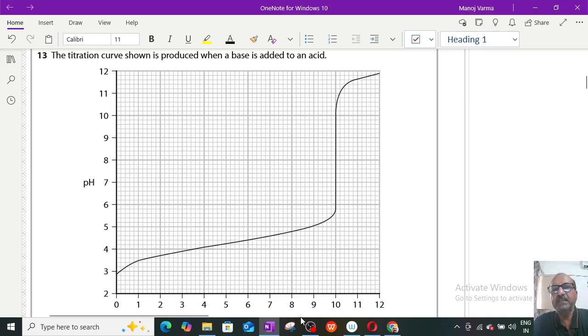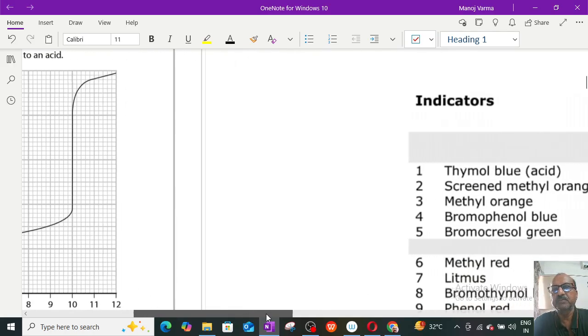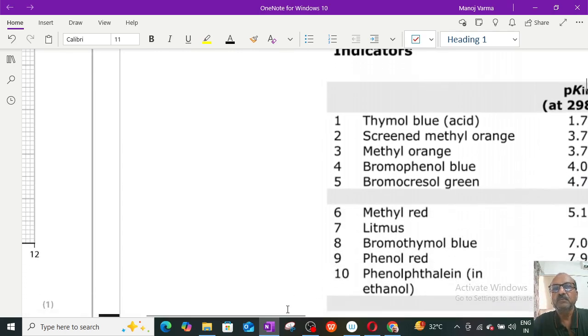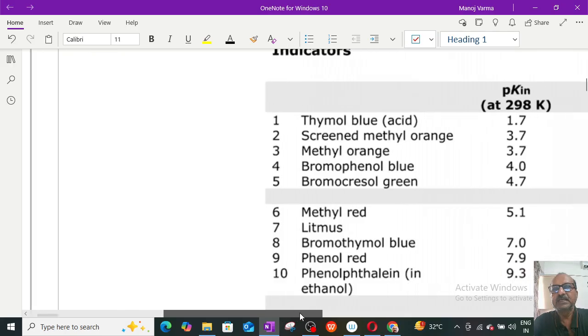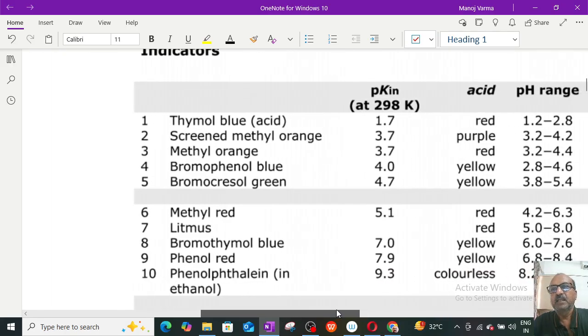Then looking at the indicators and their pH ranges, we see this in the data booklet. As I said, the pH range that we see is about 6 to 10.